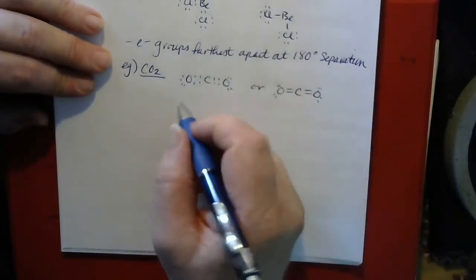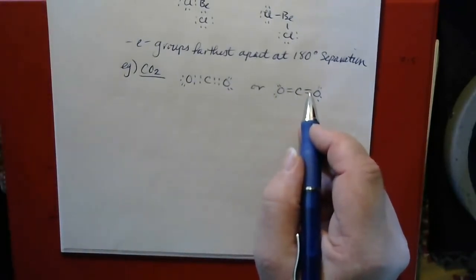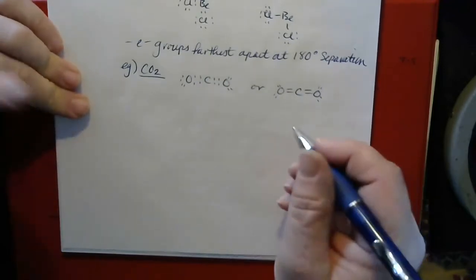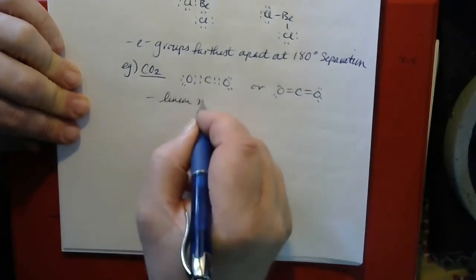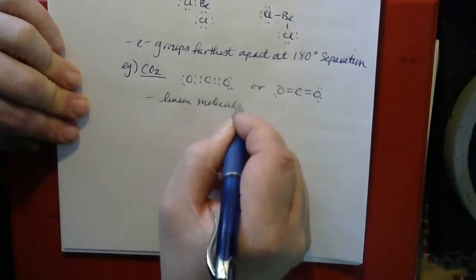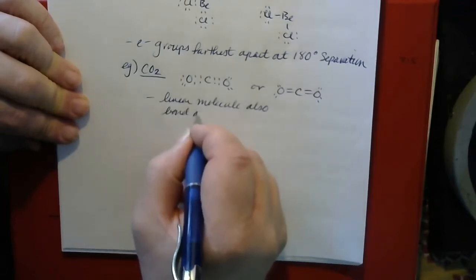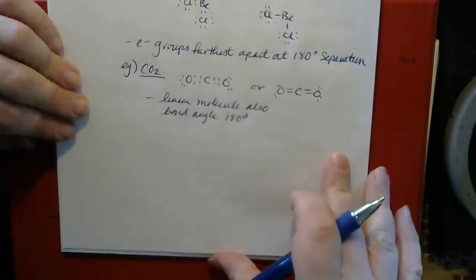And you notice that there are two groups of electrons around the central atom, and they will get as far apart from each other as possible. So this is a linear molecule also, and the bond angle is 180 degrees.